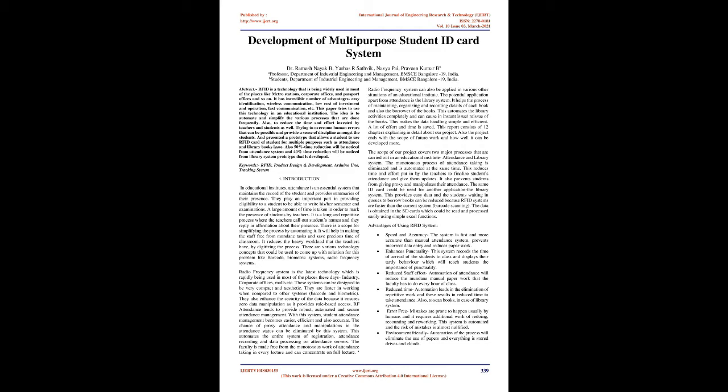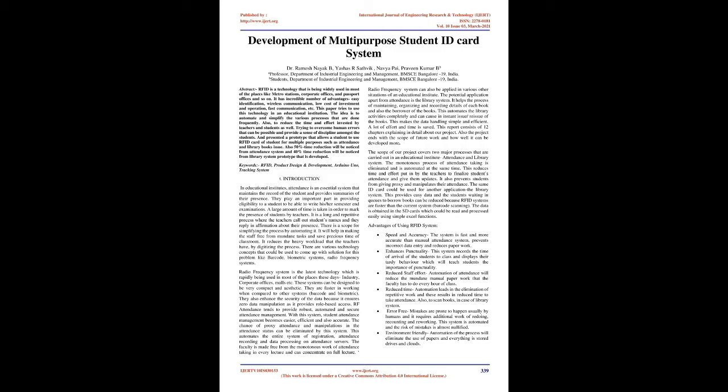The scope of our project covers two major processes that are carried out in an educational institute: attendance and library system. The monotonous process of attendance taking is eliminated and is automated at the same time. This reduces time and effort put in by the teachers to finalize students' attendance and give them updates. It also prevents students from giving proxy and manipulating their attendance.